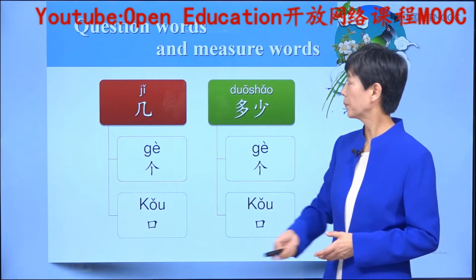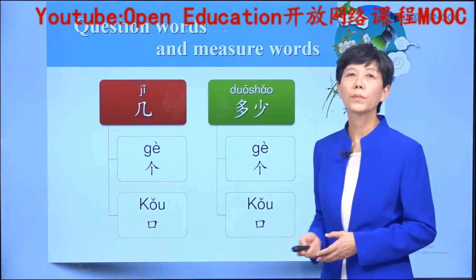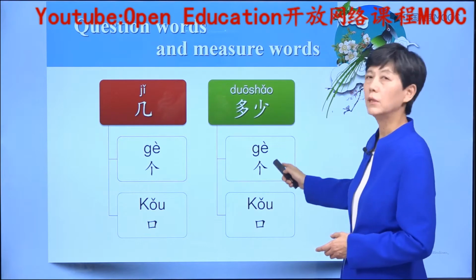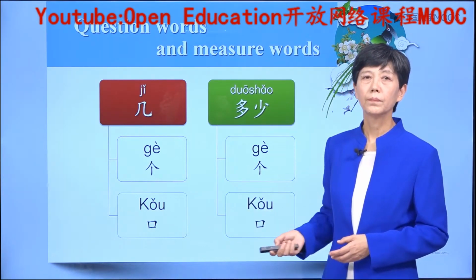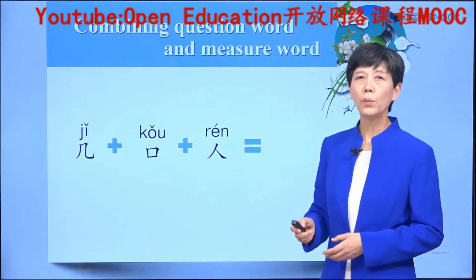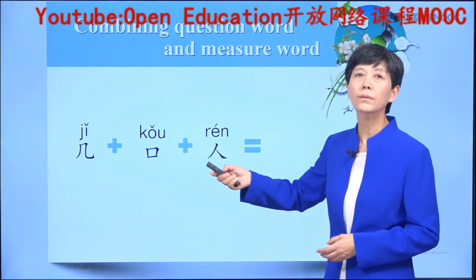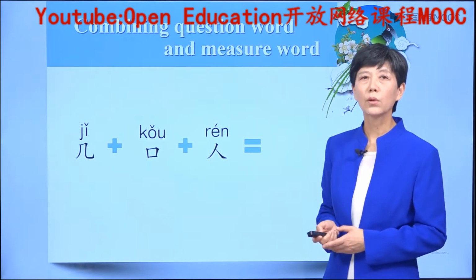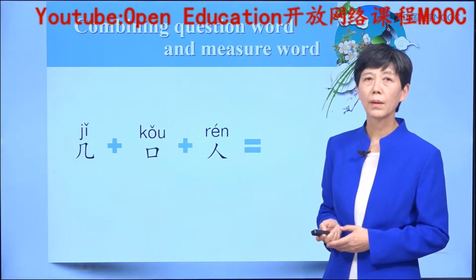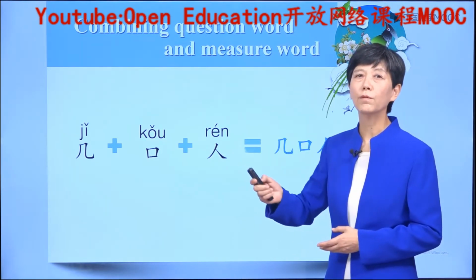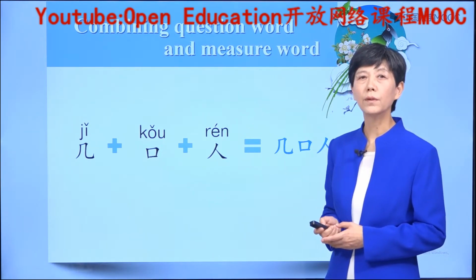For example, 几个、几口 or 多少个、多少口。When we put 几口人 together, we get the question to ask how many persons are in the family. But before you get a full sentence, we still have to learn a very important verb.